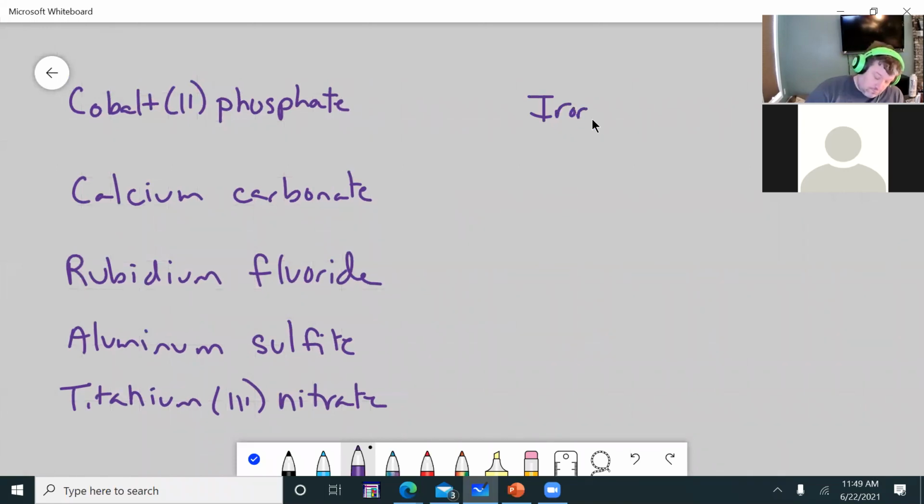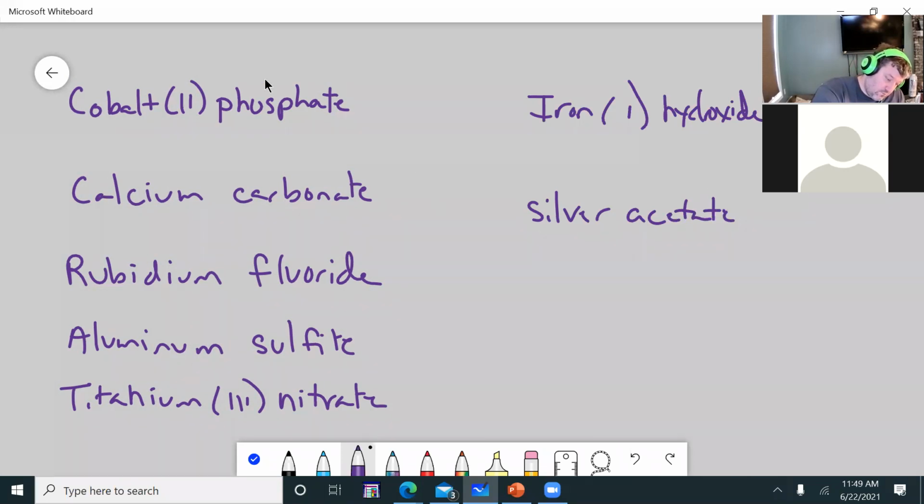Iron 1 hydroxide, and silver acetate. Okay, so these are the names. I want you to write the correct formulas.